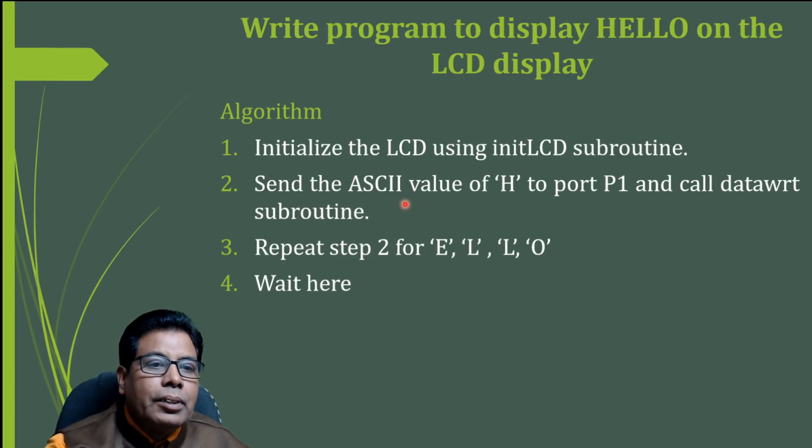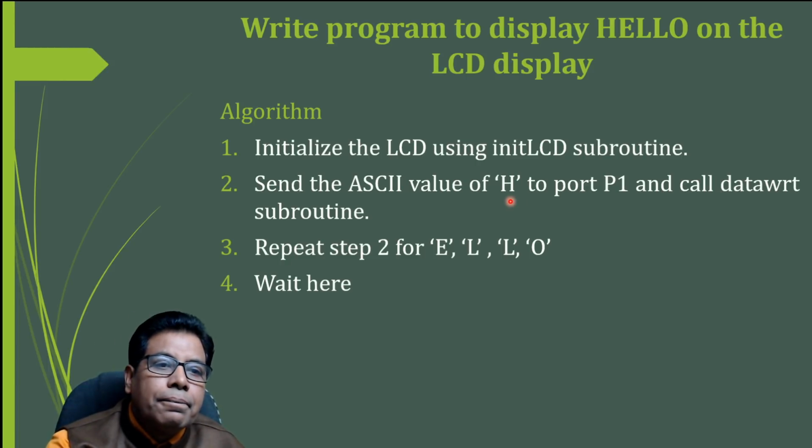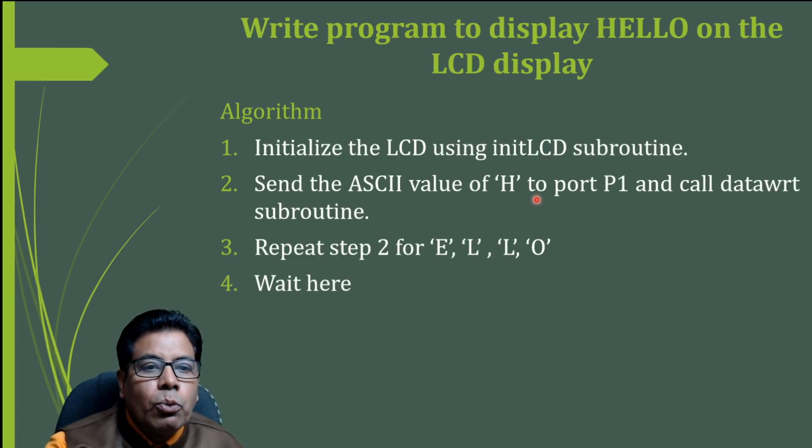Then the second step is to send the ASCII value of H to port 1 and call the data write subroutine. So here we'll send the ASCII value of H to port 1 of 8051, and then we'll call the data write subroutine, so that whatever the ASCII value of H, it will be written onto the LCD.